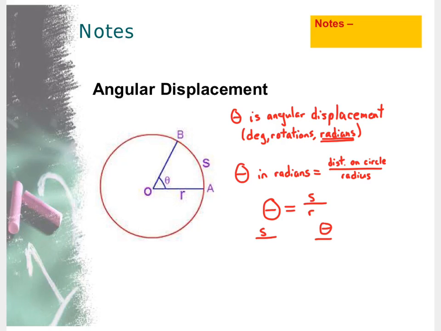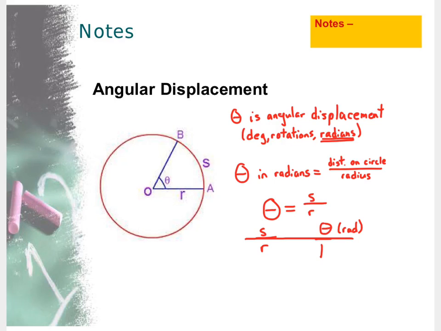So if I happen to travel a distance of r along the circle, then I have traveled, let me put that as radians, I have traveled 1 radian.